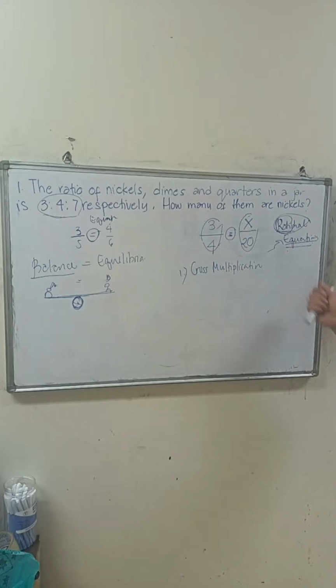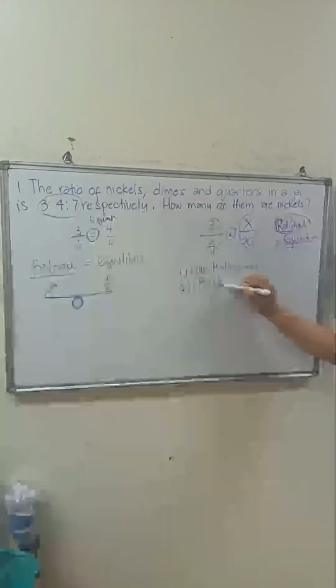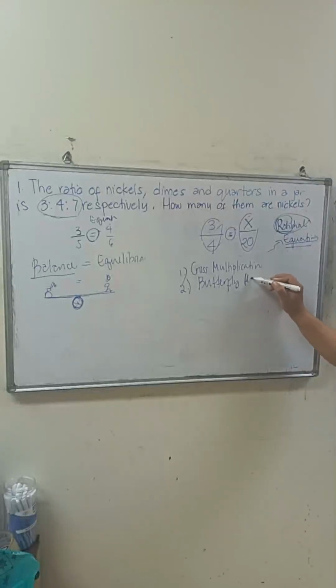That's the restriction. Number two, we can do here the butterfly method. The butterfly method is not very popular in Asian countries, I think. It is most popular in European countries and in America. Their universities and schools are adopting this butterfly method instead of getting the GCF when you try to add fractions.